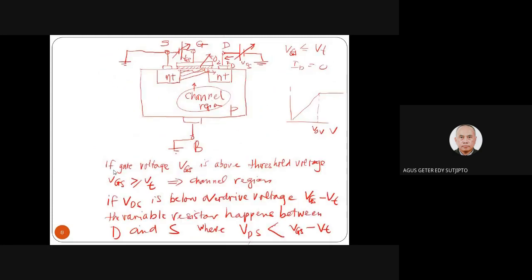How can the saturation mode happen? Remember, when we change the VGS, changing VGS will create the channel region area.